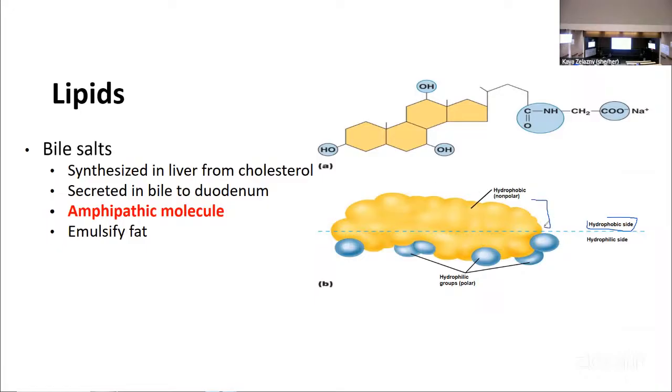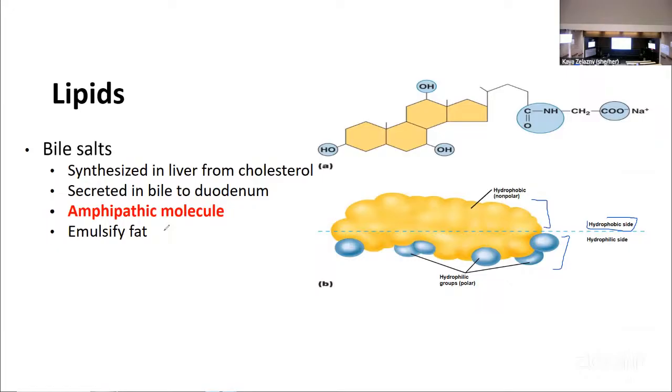But we also have this hydrophilic side. So this bile salt, made from cholesterol but with added groups, means that we now have a part of this molecule that's going to be attracted to water, that hydrophilic side with some polar groups. But we also have a side that's going to mix in nicely with our fat droplet and be able to come into contact with it.